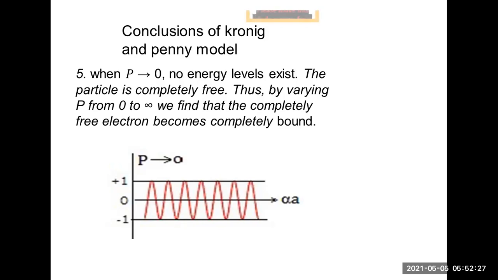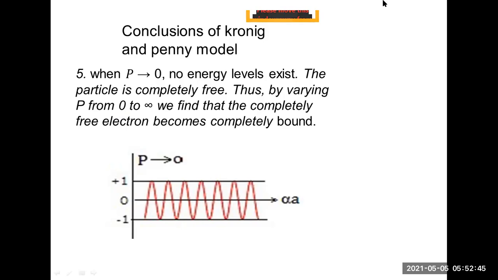So from this assumption, you can say that if you increase the value of P from 0 to infinity, the electron goes from free, when the strength of the potential barrier is 0, right?